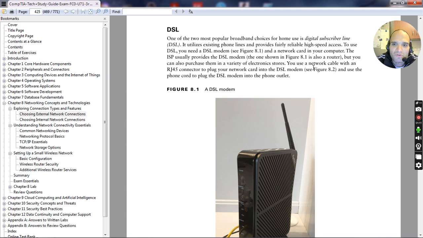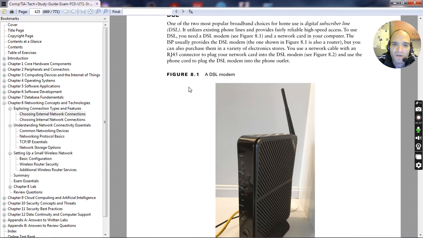You use a network cable with an RJ45 connector to plug your network card into the DSL modem. See figure 8.2 and use the phone cord to plug the DSL modem into the phone outlet. And in figure 8.1 we see a DSL modem.